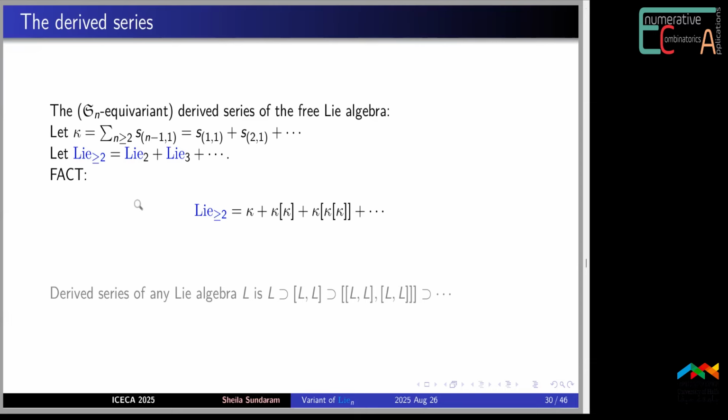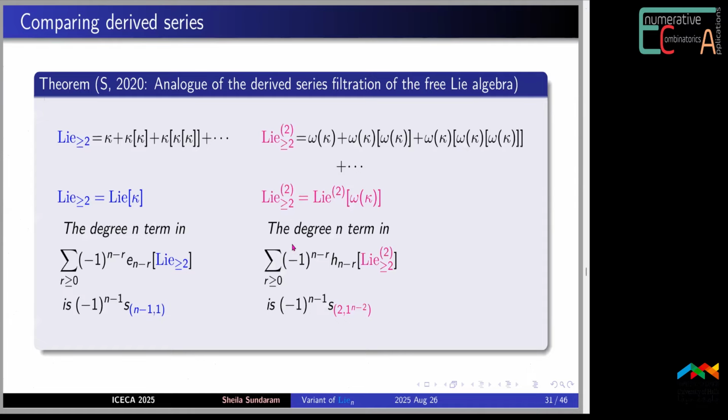I'm throwing that away. Then you can show that this Lie subscript greater than or equal to 2 is this sum of iterated plethysms of this series kappa. The curious thing is that this fact is also a consequence of the very first plethystic identity involving the Lie representations.